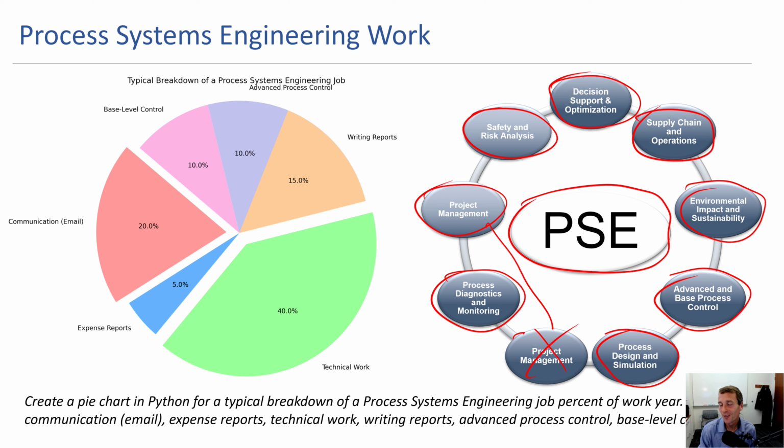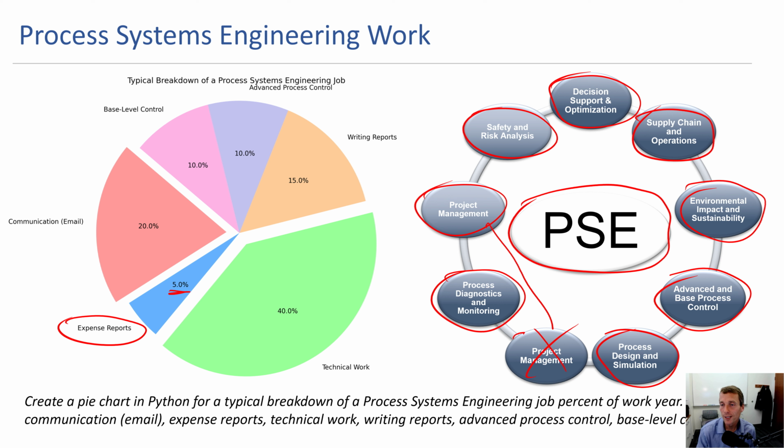Okay, so if I look at the typical breakdown of a process systems engineering job, this would be like what I might have done when I worked at ExxonMobil. All right, so we had things like expense reports, and that might have taken up 5% of my time, or safety meetings, developing the safety culture.